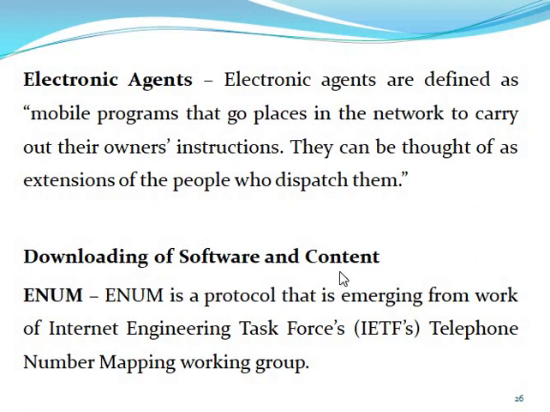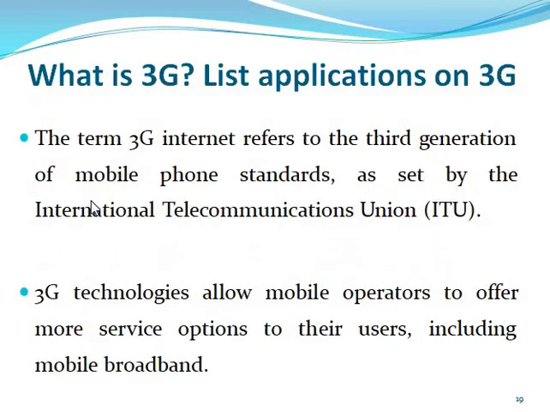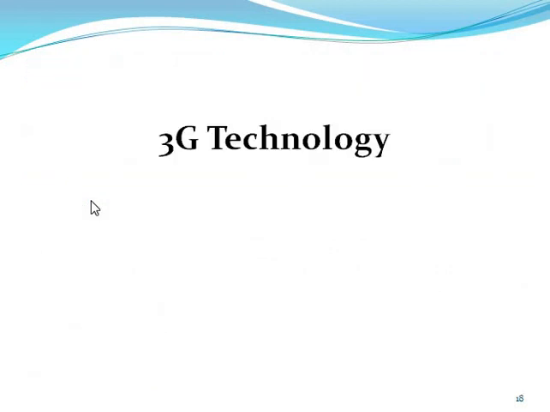And ENUM is a protocol from the work of the Internet Engineering Task Force, the telephone number mapping working group. This is one protocol established for the network and works for the internet. So these are all the applications of 3G technology.